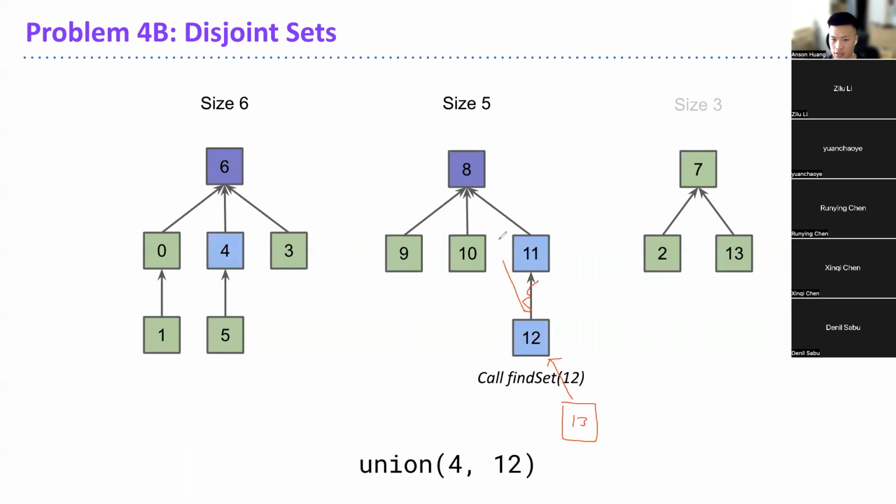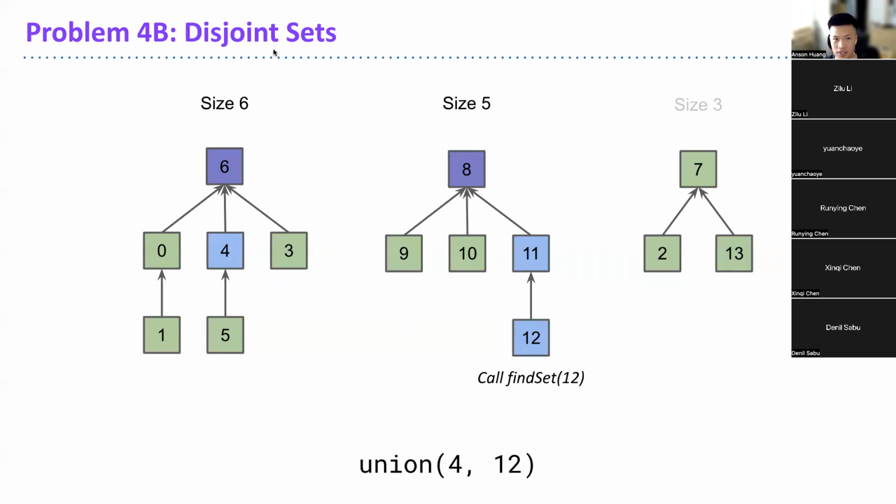Only 12 would point to 8. The reason is because we always start at 12 and we move up. We always start at this node and we move back up. So we're not able to change the references of its children.